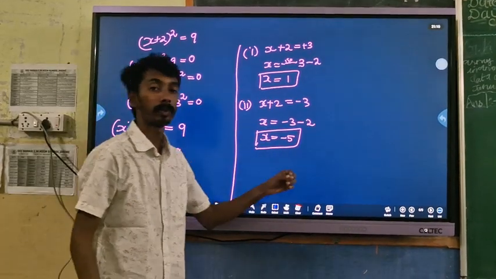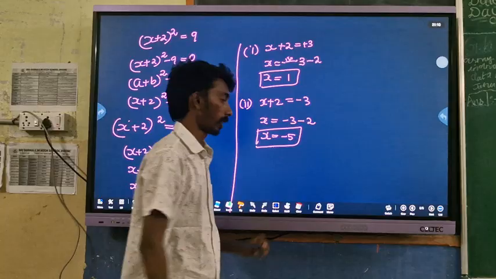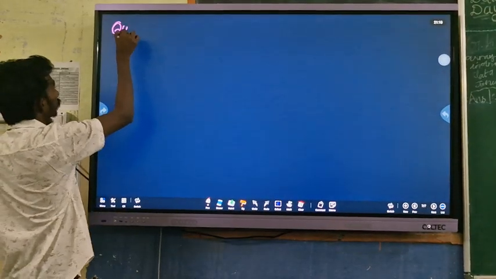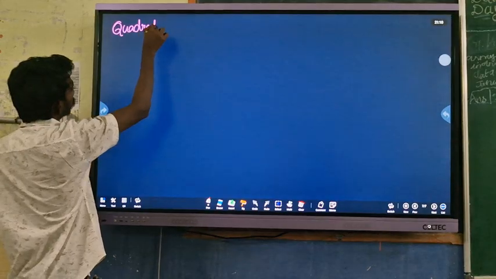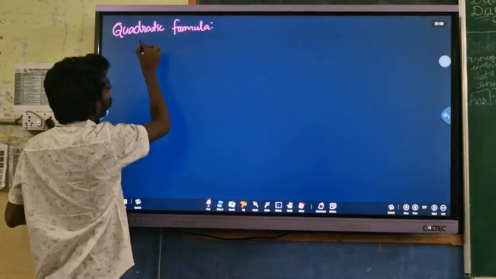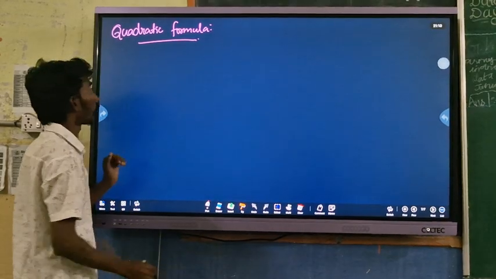And we have another method called the quadratic formula. Quadratic formula method. Here first we should know the quadratic formula.